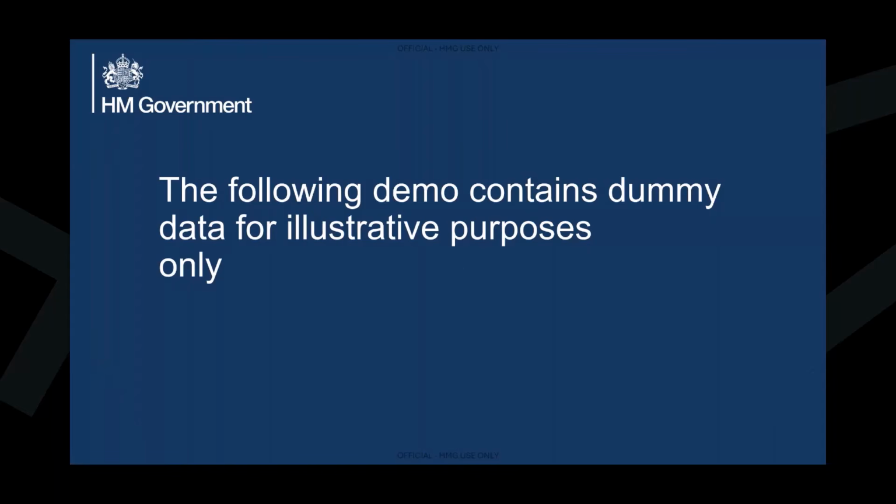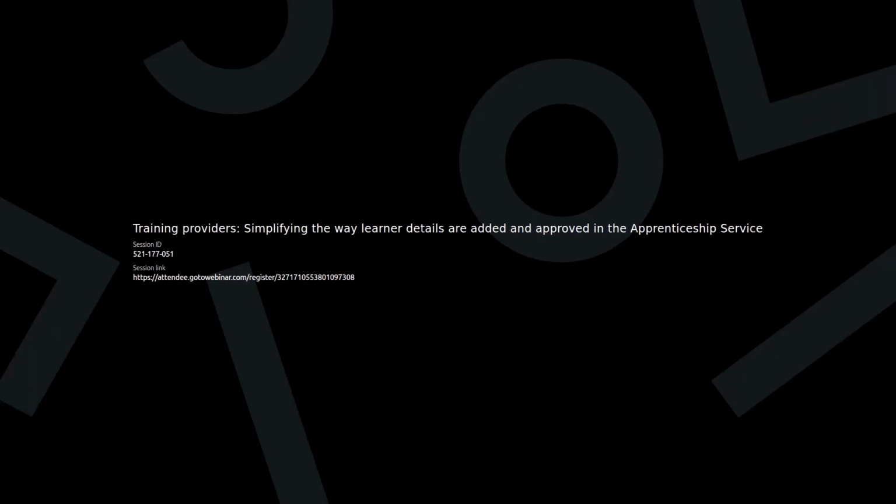I can see from the questions that people have been experiencing some issues with connectivity or lack of audio, or some of the slides aren't displaying properly. The platform seems to be working okay from our end. So can I apologise to those of you that are having some issues? We're going to keep going because I think most people have got an okay connection and are seeing everything as we're seeing it.